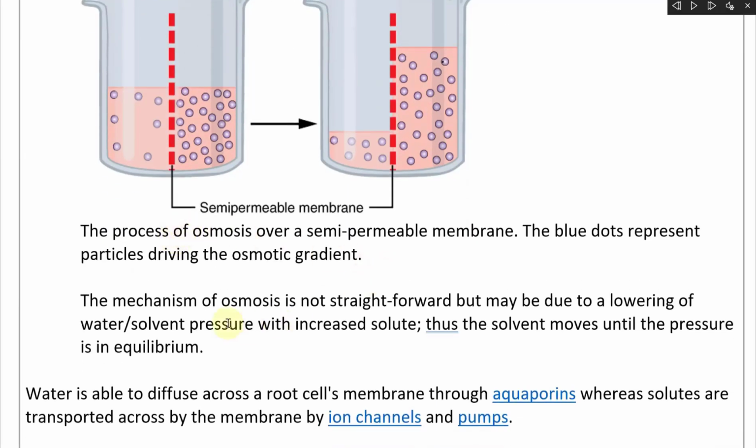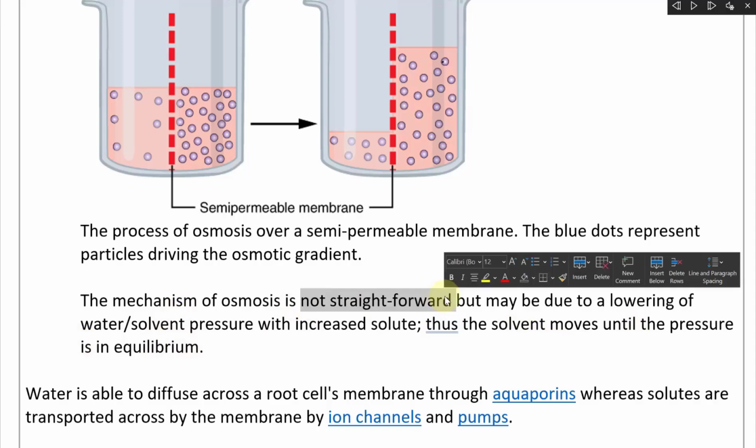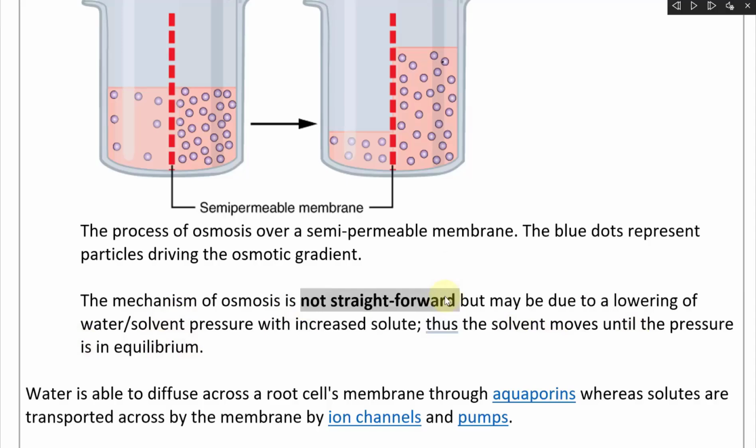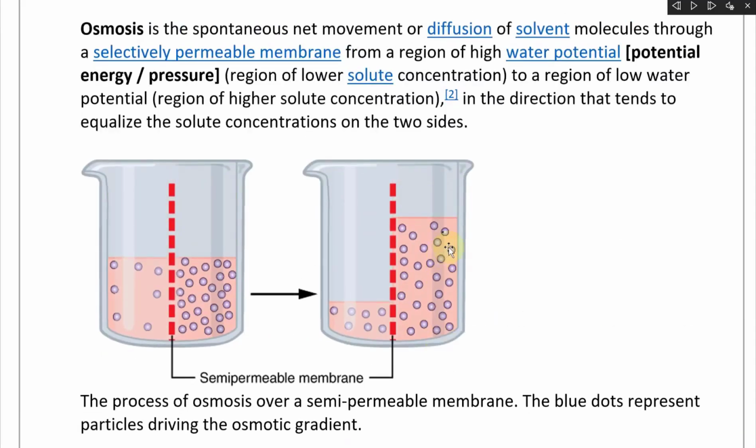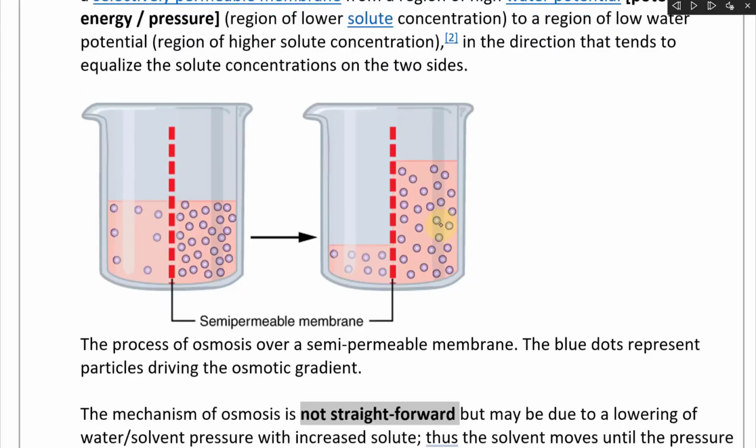The mechanism of osmosis is not straightforward, but may be due to a lowering of water/solvent pressure with increased solute. Thus, the solvent moves until the pressure is in equilibrium. So yeah, this is from Wikipedia. It's not straightforward. In other words, the exact reason is still questionable in my view. But this looks like the concentration of water here would be low. This is high, so it looks like it wants to push it in there.